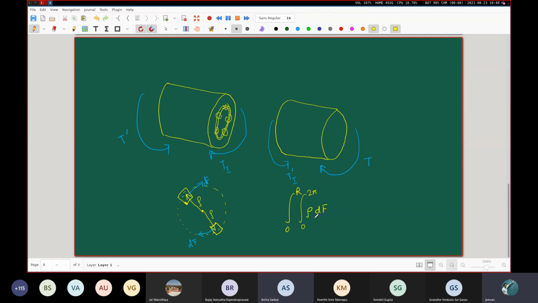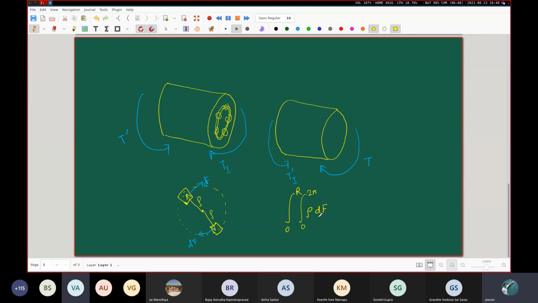Anyone? The deformation angle or the strain is giving rise to a stress. Anyone else? How do you connect this dF with the shear stresses which we had discussed in the previous slide?